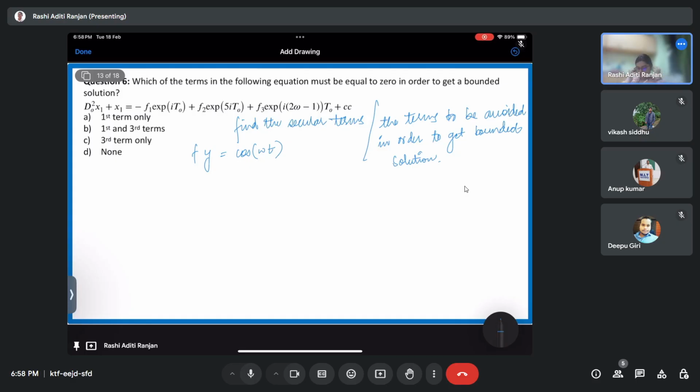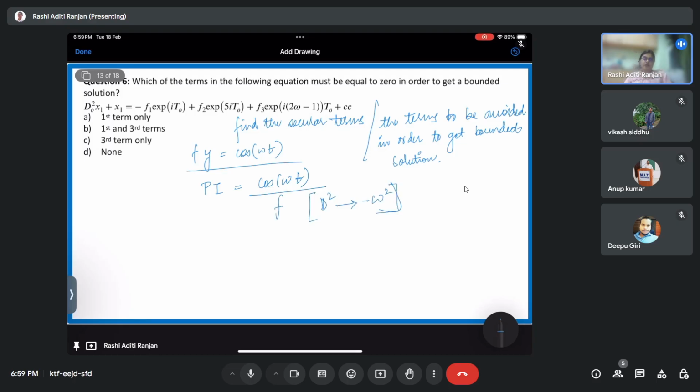If I want to find the particular integral, what will I do? For the particular integral, I will take cos of omega t divided by f, where d square is replaced by minus omega square.